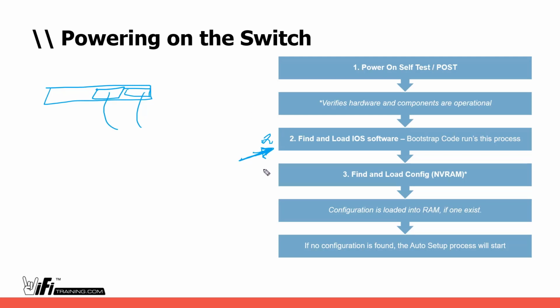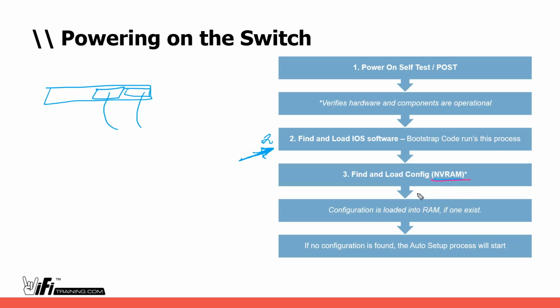The next step is to look for the configuration. Okay, so the configuration of a Cisco IOS device is just a text file. It's a very small text file that is located in a place typically called NVRAM, non-volatile memory.